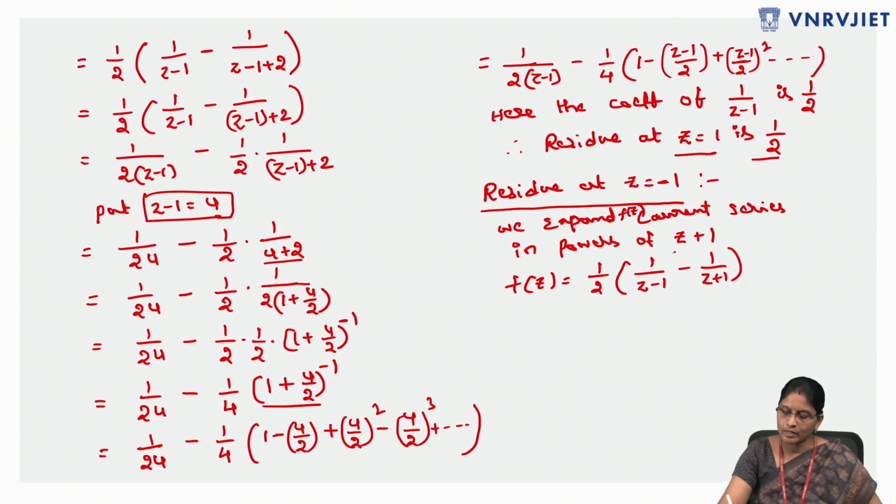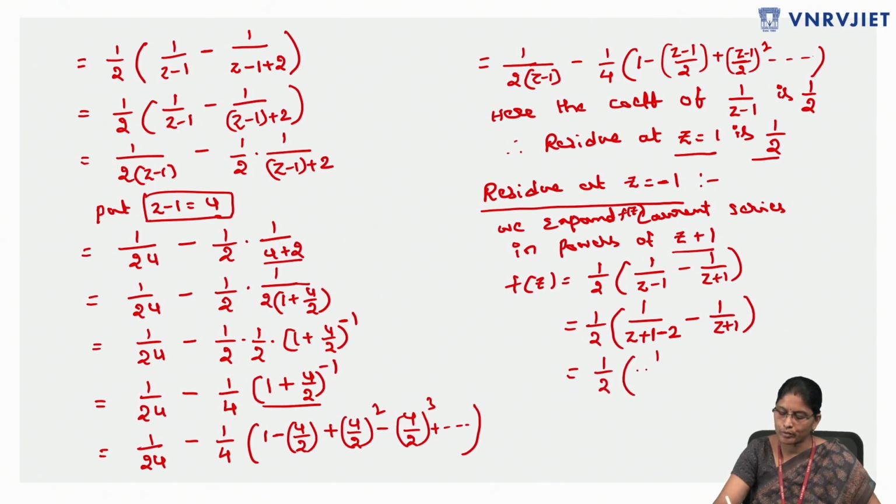But now we have to expand it in powers of z plus 1, so we can write the denominator, where z minus 1 is there, in terms of z plus 1: z plus 1 minus 2, minus 1 by z plus 1. Here there is no change because it is already in powers of z plus 1.